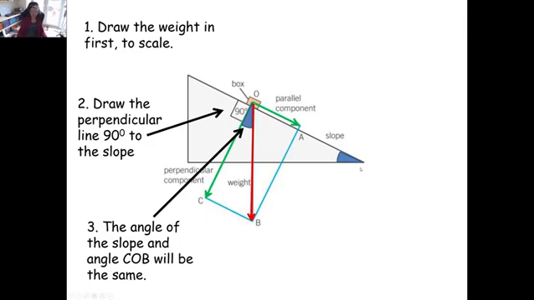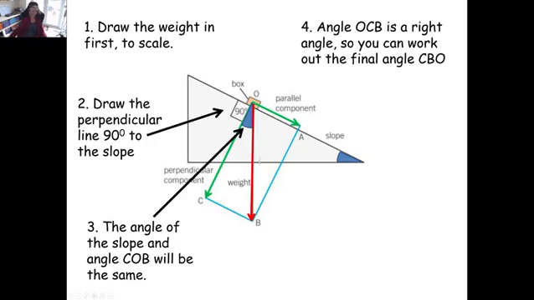Once you've drawn that in, we know that the angle OCB has to be a right angle between the two vectors. And so you are able to work out this angle CBO, because these three angles added together have got to make 180 degrees, as is true of all right angled triangles.